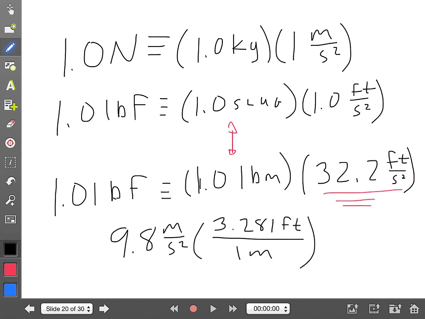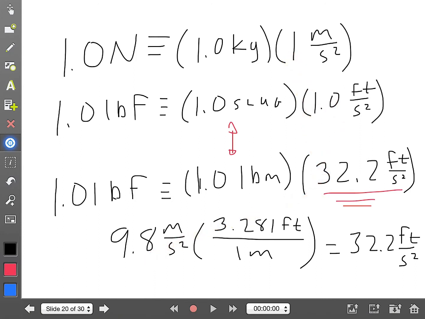Again, this conversion factor equals 1. This actually equals 32.2 feet per second squared.